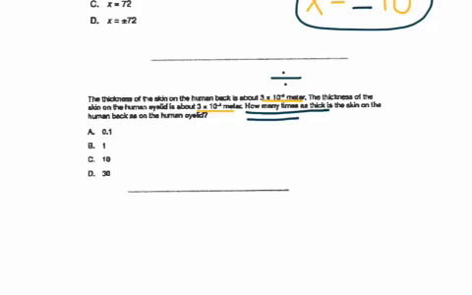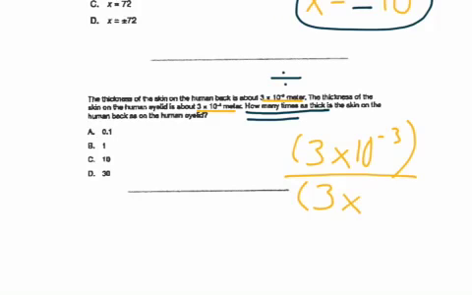So this is your second value. So take your first number, which would be 3 times 10 to the negative third. Remember, since I'm dividing, I'm putting my numerator in parentheses and then my denominator in parentheses. And when I do that and divide in my calculator, that will give you the answer. So make sure you are trying to use that for help as well.